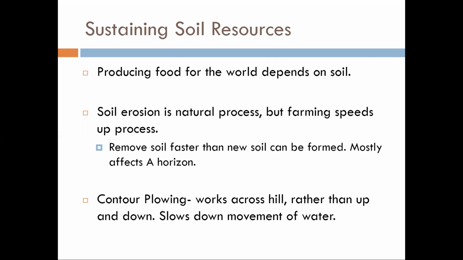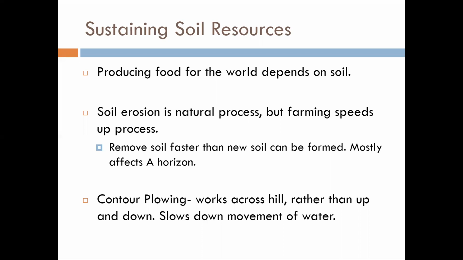If we're growing food, if we're farming, that's primarily going to be in that top layer, Horizon A. So again, we're losing soil faster than new soil can be formed through soil erosion. Farming speeds up that process.